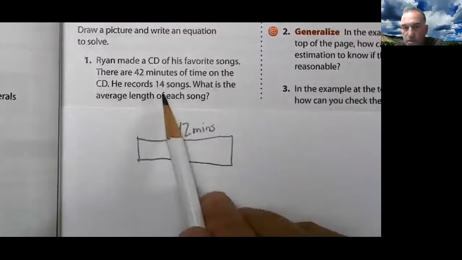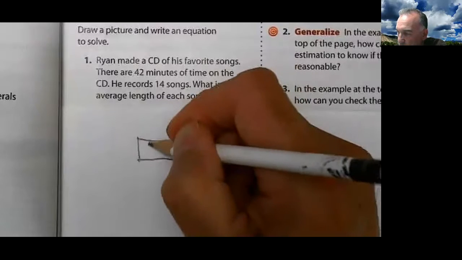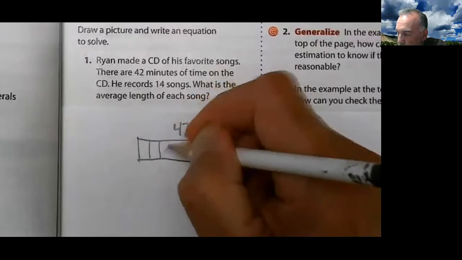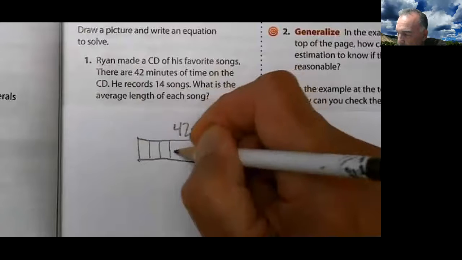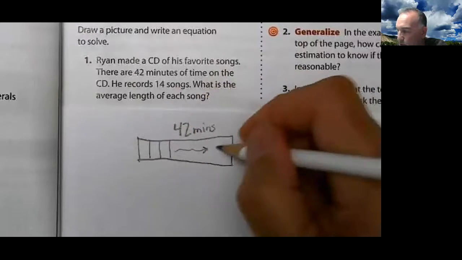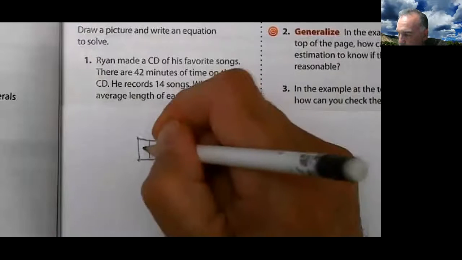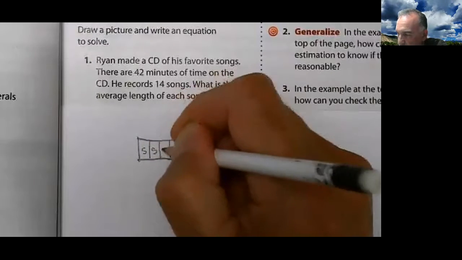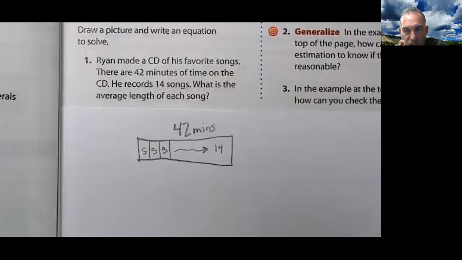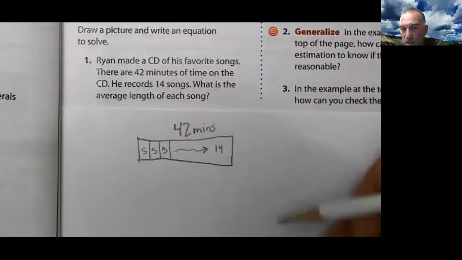Let's say I don't want to break this into 14. You might see it like this: 1, 2, 3, and then you'll see an arrow, sometimes a dotted line or a crooked line, and it will tell you how many boxes there are. You have to understand the concept to take that shortcut. There's 14 of them.